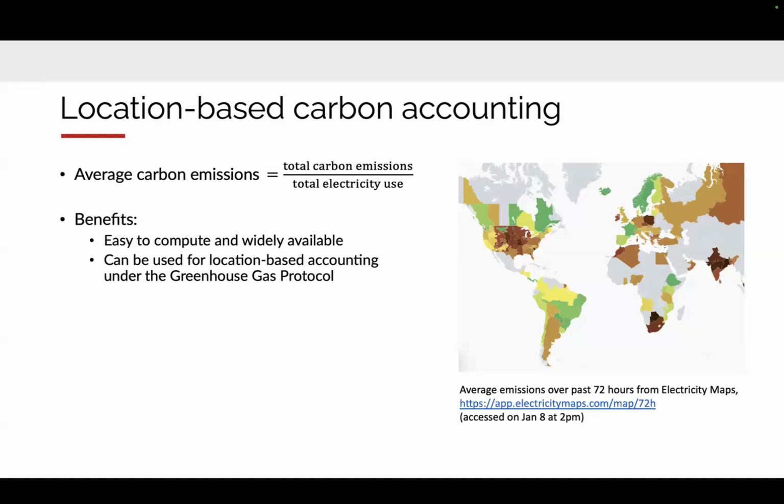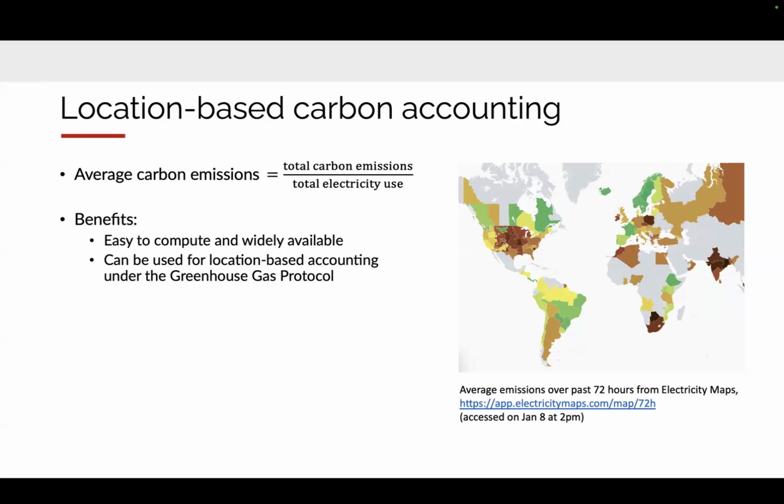So in terms of location-based carbon accounting, the current standard is to use just average carbon emissions. And I would say that if you look at anyone who talks about carbon intensity of the grid, the majority of times they are going to talk about average carbon emissions, which are just defined as the total carbon emissions in the grid divided by total energy use. The benefit of using this as a metric is that it is fairly easy to compute and widely available.